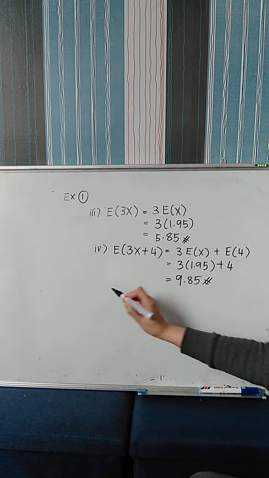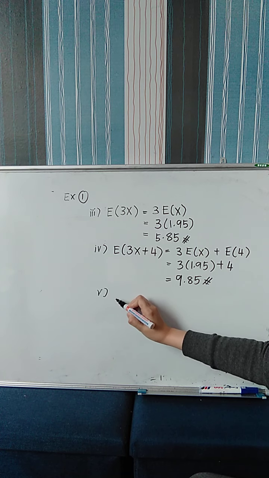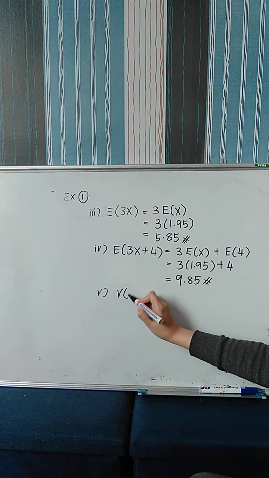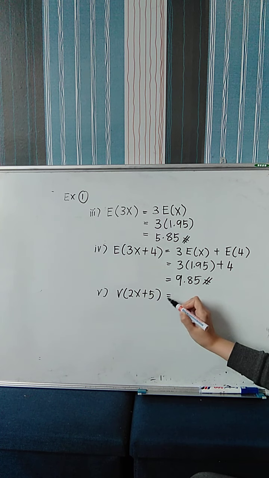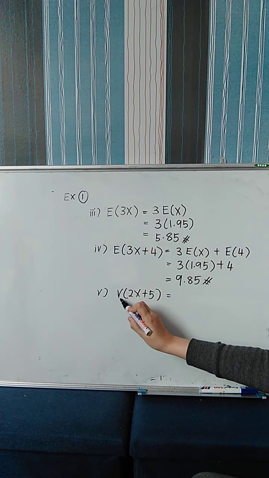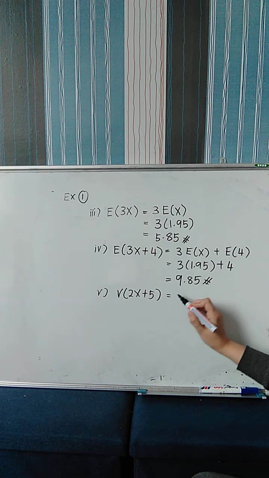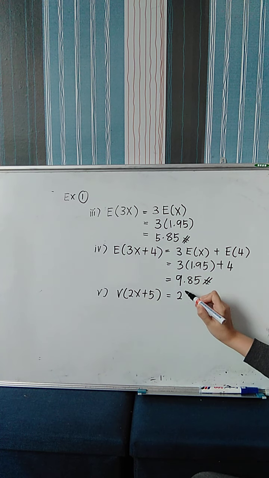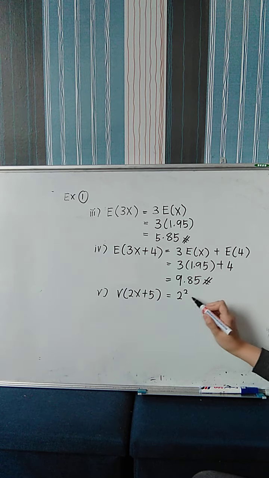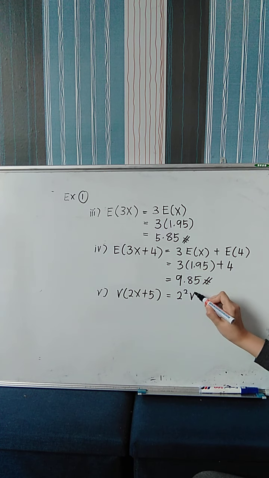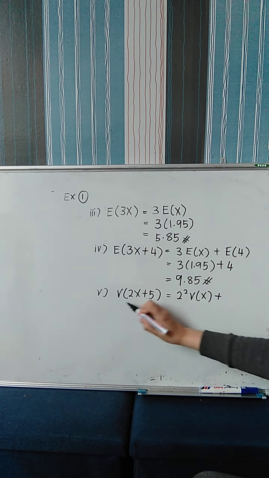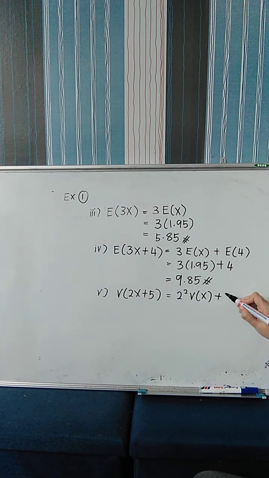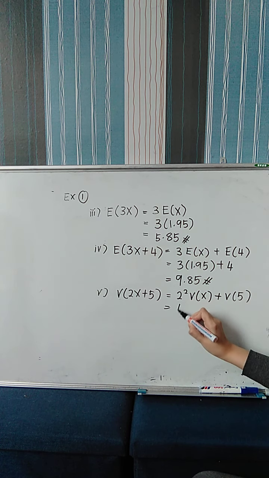Next we continue to number 5. Find variance 2x plus 5. First you expand it. Variance 2x plus 5 becomes 2 squared, because variance must use 2 squared, variance x, plus, also plus, variance 5. 2 squared is 4.